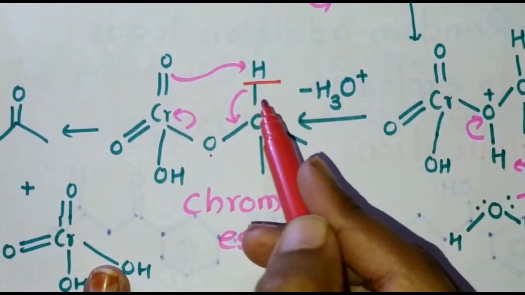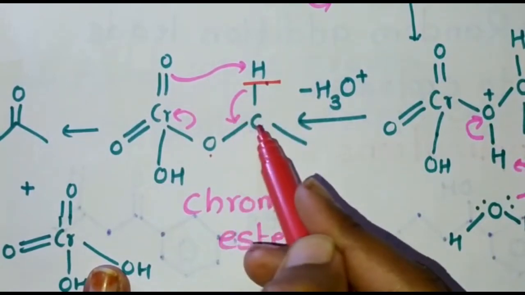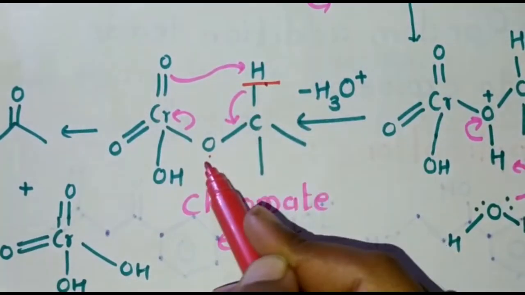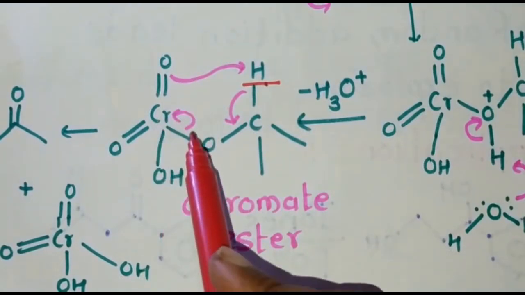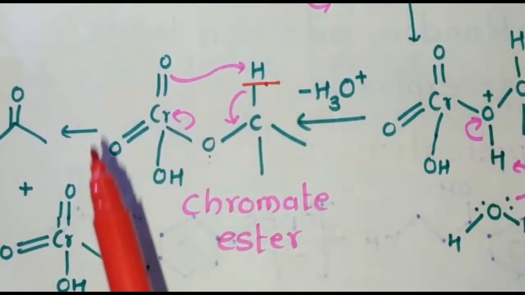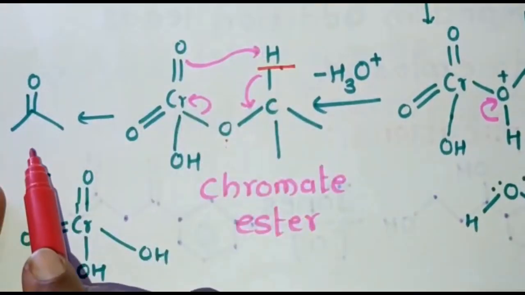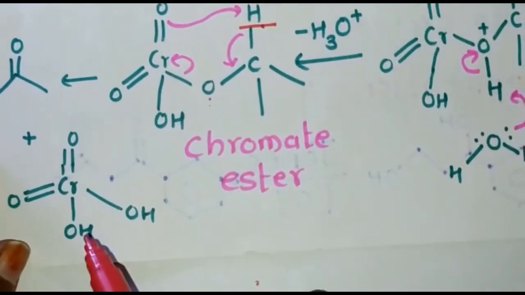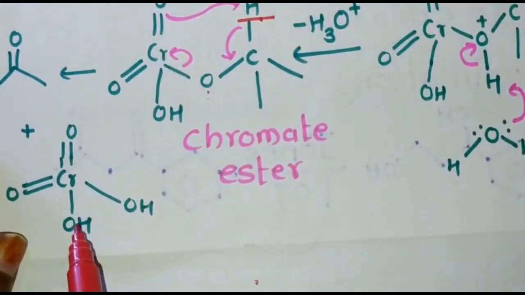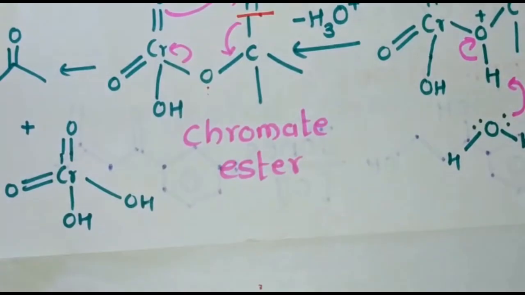The bonding electrons between the hydrogen and carbon are shifted towards the carbon and oxygen, and the bonding electrons in the chromium and oxygen are transferred towards the chromium atom. So here you can see there will be a formation of the ketone and H2CrO4, the chromic acid.